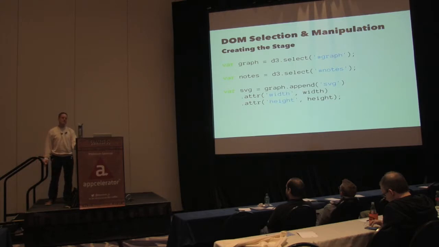And D3, again, as I said, doesn't do any drawing for you. So you can draw by whatever method you want. And you can even use D3, I suppose, to create Flash graphics if you wanted to. I think you could make that work. But having said that, D3 is a very natural fit for SVG.